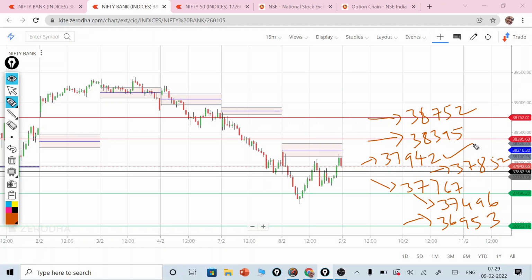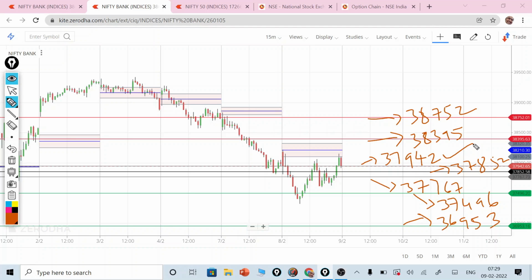But if the market does not sustain and is trading below 37,767, then we will have a lower target of 37,496, that is one support, and we may go all the way down to 36,953. So this is the Bank Nifty level.